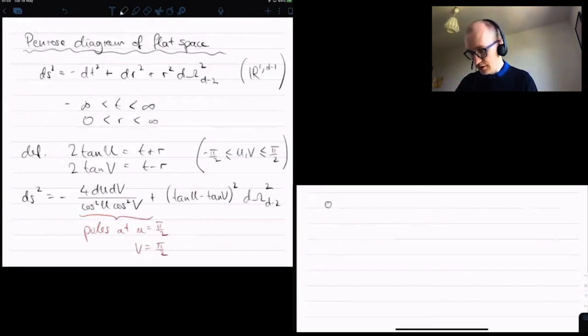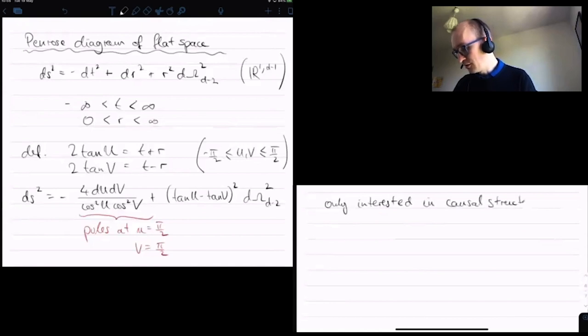Only interested in causal structure. And if this is your goal, then you can allow yourself to do a Weyl transformation to remove this prefactor.